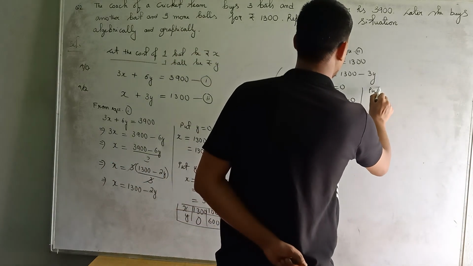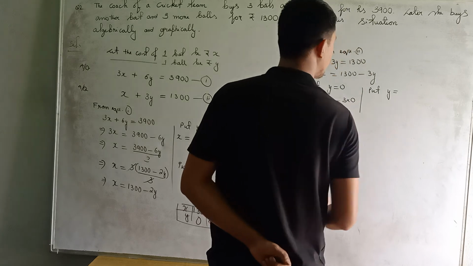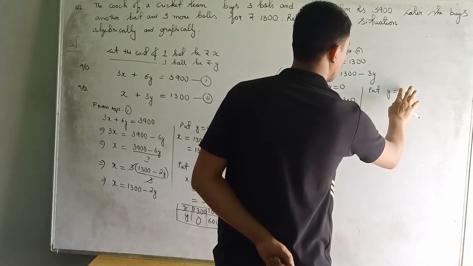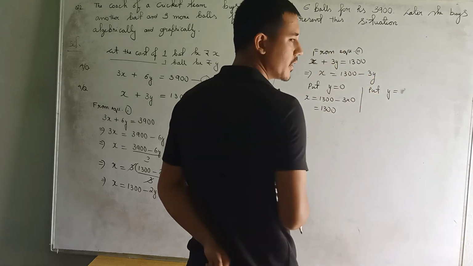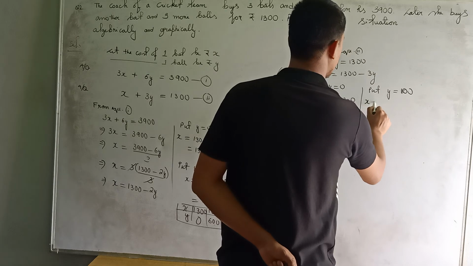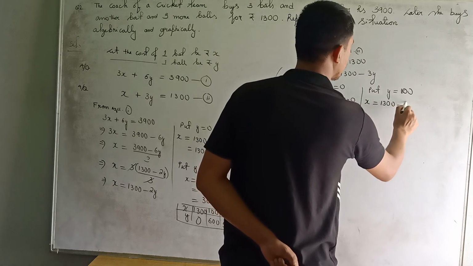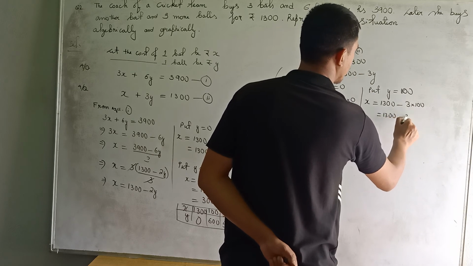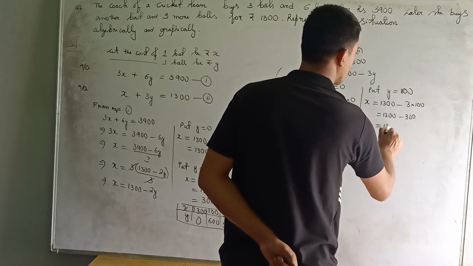How much do you want for y? If it is 600, we'll get negative. So you can just simply put 100. So x will be 1300 minus 3 into 100. So 1300 minus 300. So that is 1000.